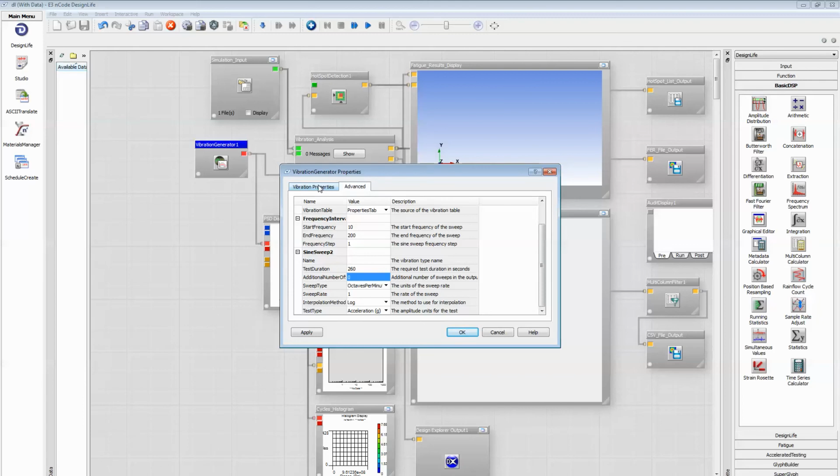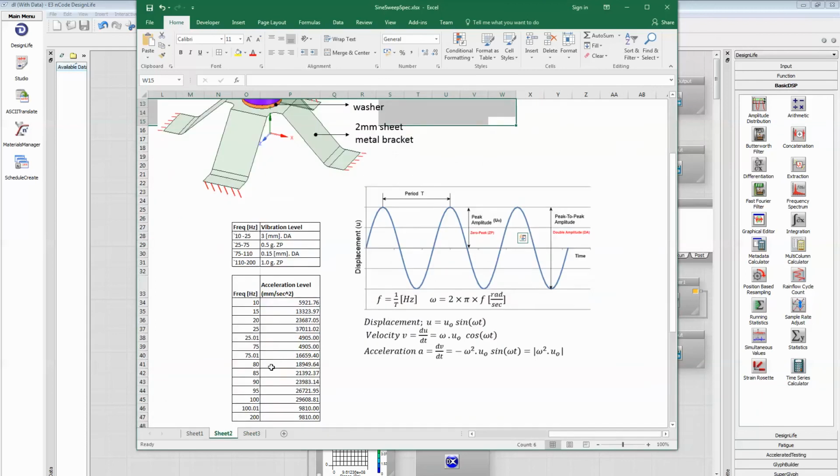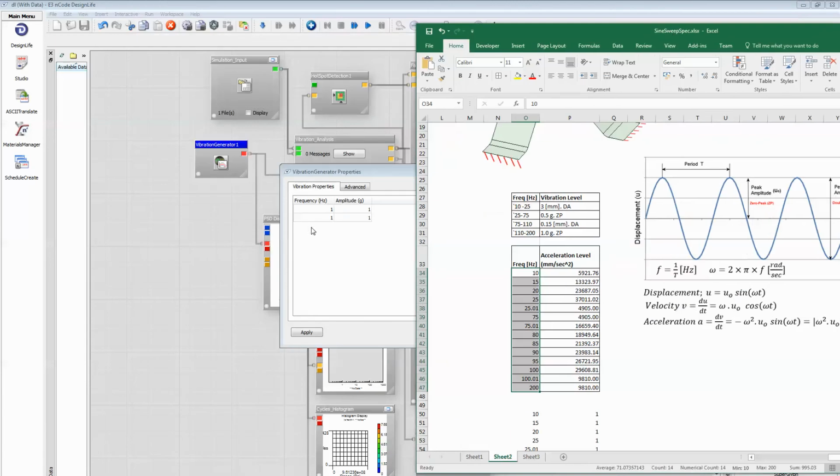The next thing is that once we are done, we have to fill in this data by adding rows here. In our example, we have around 14 data points. We may add these 14 data points one by one and manually enter them here.